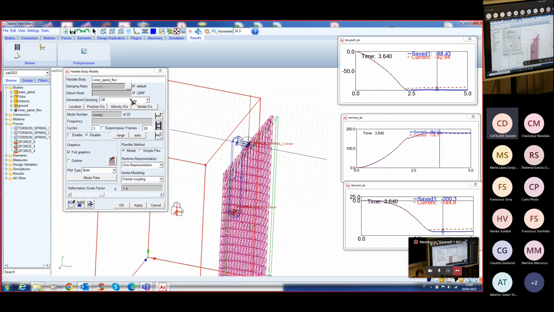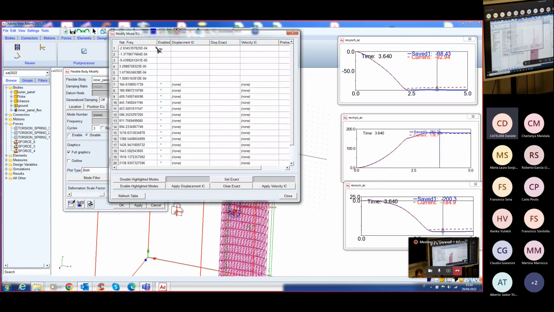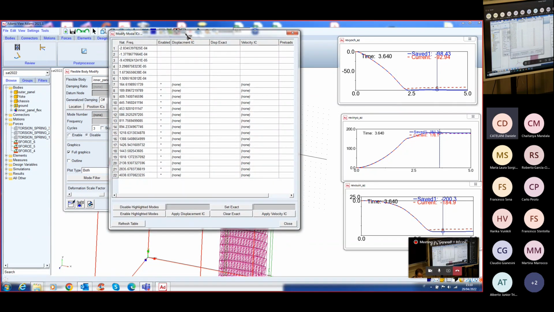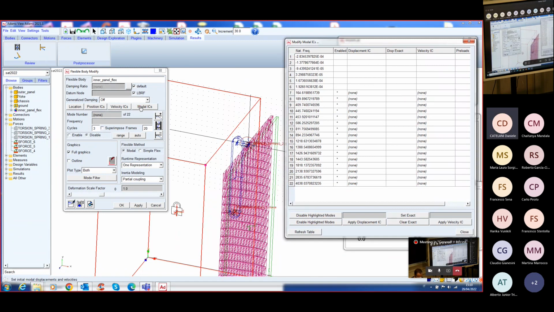In the flexible body dialog box, you can visualize the content in terms of model information, model initial condition. Here we have 22 modes.